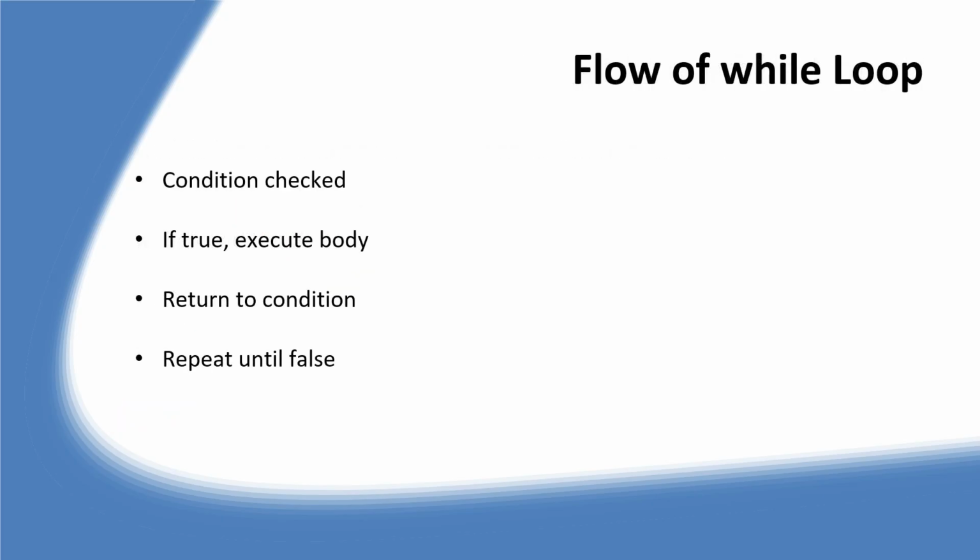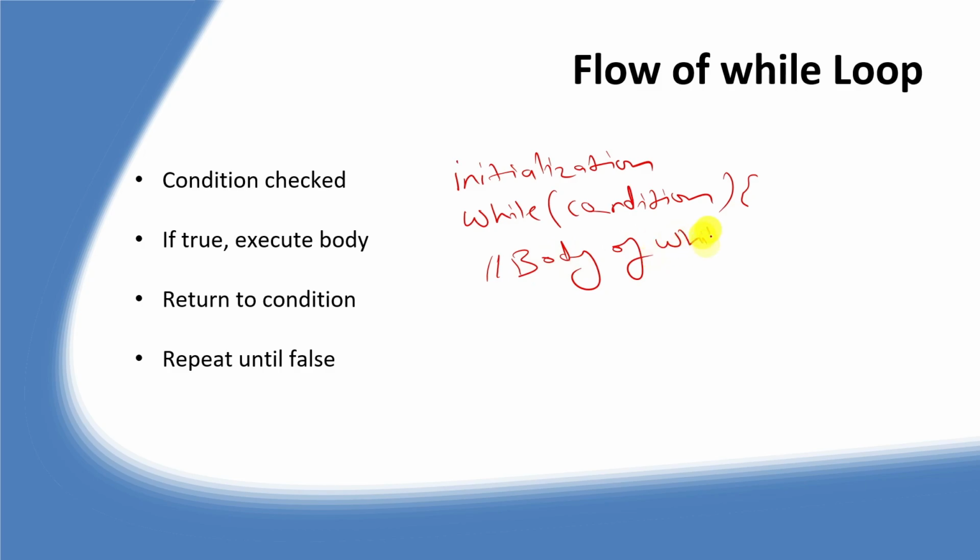So the flow of while loop. Let me show: initialization, while, condition, then here the body of while loop, or we can say lines of code that will repeat.